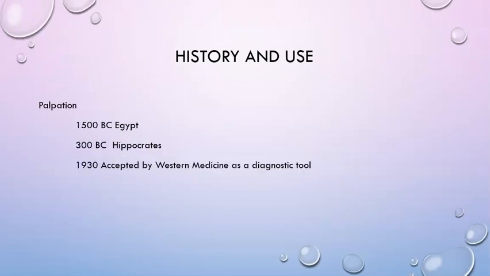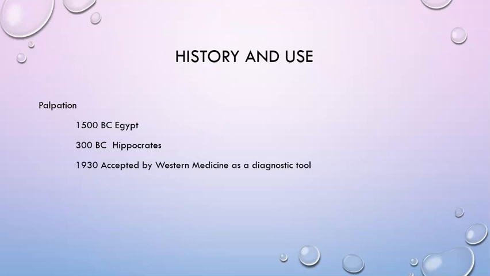So the history of checking to see what things are by how hard they are. This has been palpation. We've pushed on people's bellies for years to see what's going on, and sometimes you find a hard spot, and in many cases that's what a cancer is, because hard growths are often cancers.